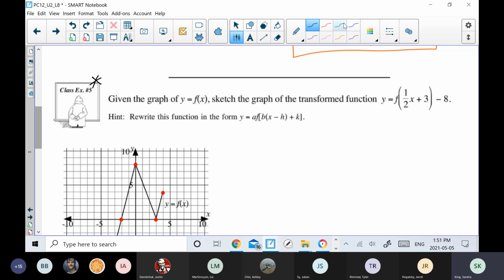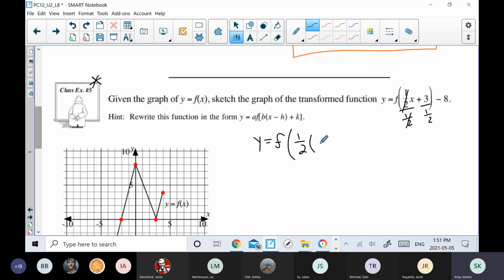So in order to have the B value factored out, this basically needs to be in a bracket because you need to have a 1 in front of your X. This has a 1/2. So in order to factor out the B, I'm going to divide that by 1/2, and I'm going to divide this by 1/2. So the equation is actually y is equal to F, open bracket, factor out that B value.